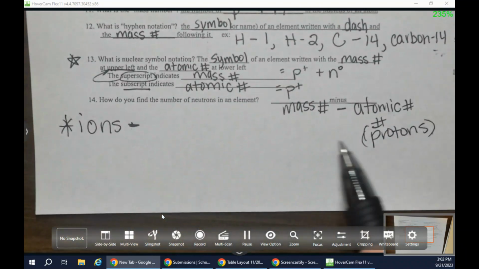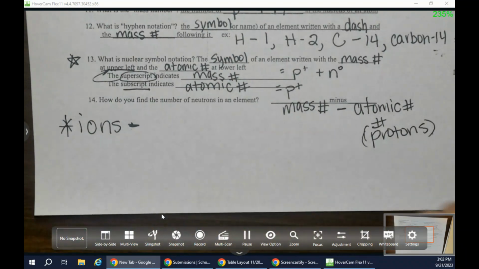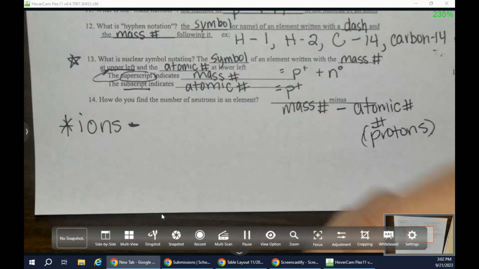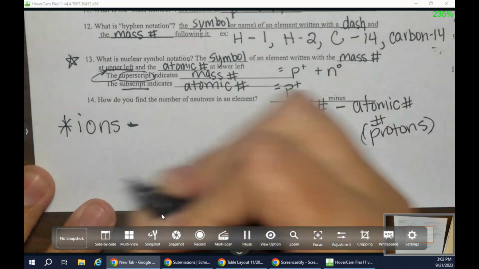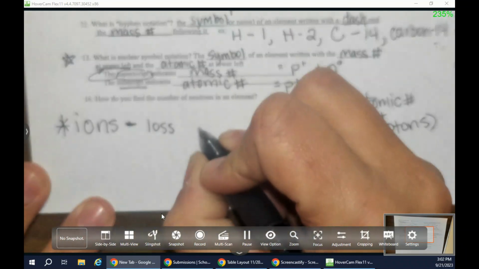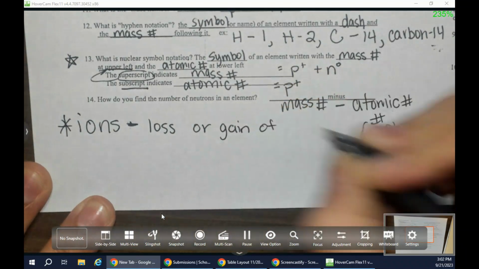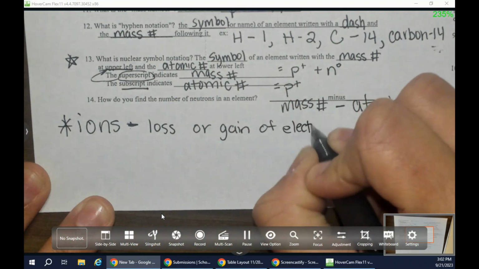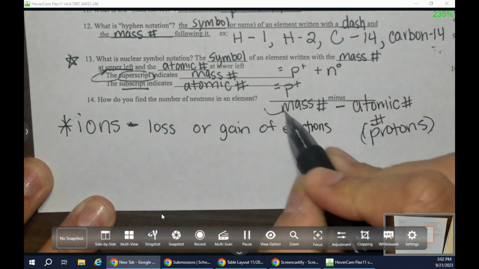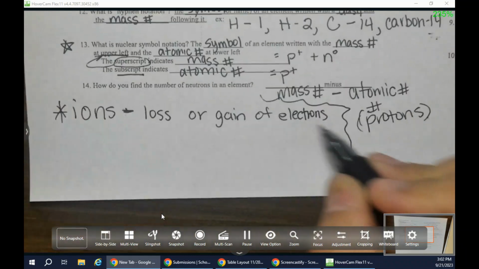So ions are never about protons being added. It's always about electrons. So an ion will be a loss or gain of electrons.